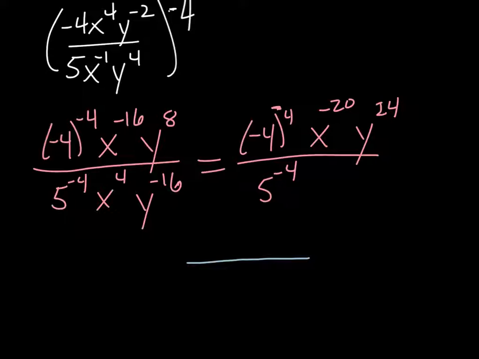Yeah, but we're not changing the number, we're not changing the 4th, but we have to move it. So it's going to be -4 to the 4th on the bottom. And then x to the 20th on the bottom. And then you keep y to the 24th on top, and then 5 to the 4th.